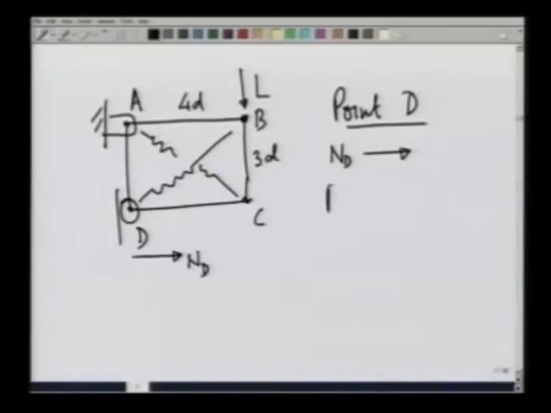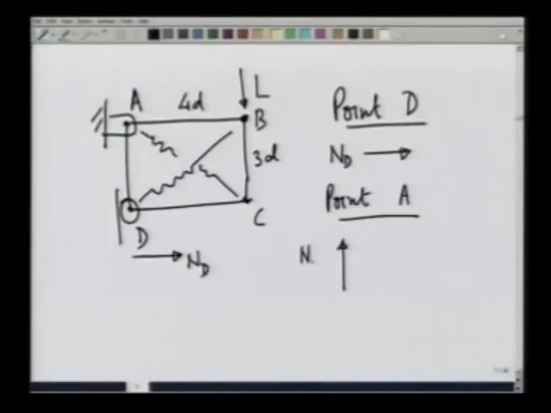On point A, there is going to be a reaction in the vertical direction. Let us call it N A Y, and in the horizontal direction N A X. This is if I consider the entire system as a whole.